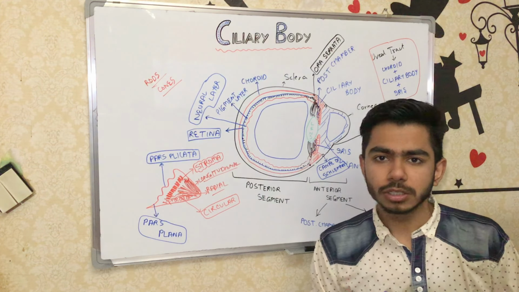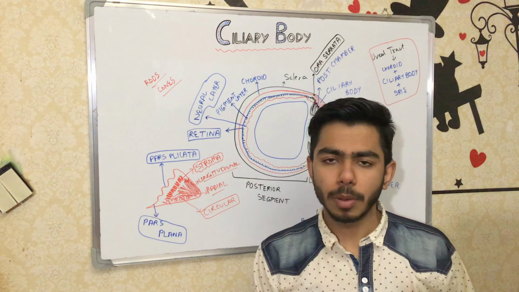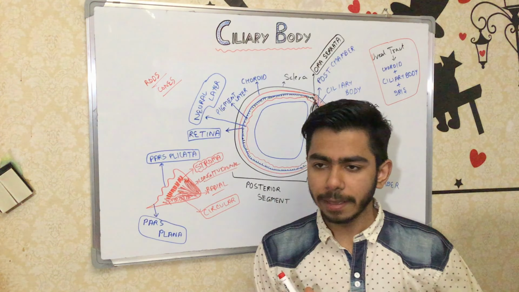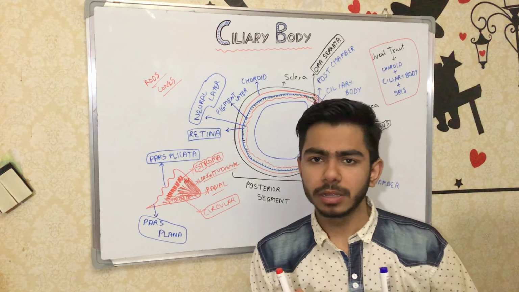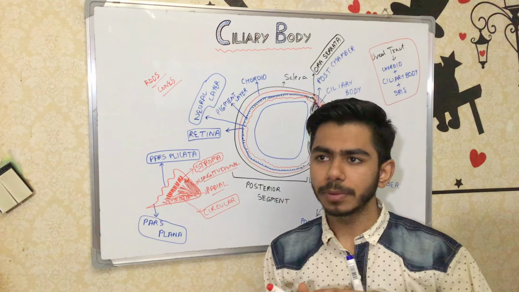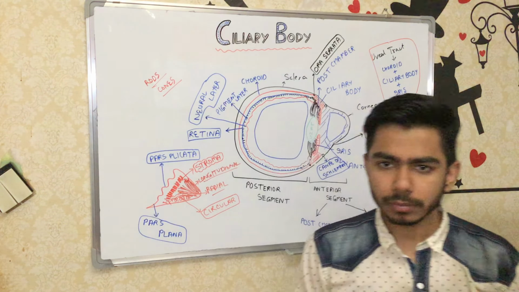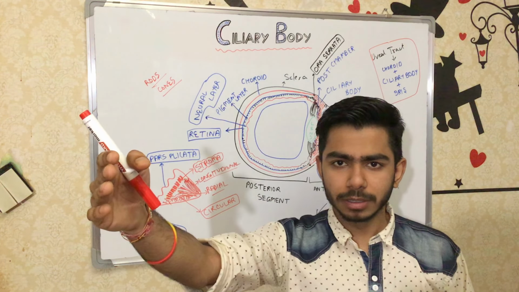Now the main, important function of the ciliary body is accommodation, the property of accommodation. What is accommodation? It is the property to focus on nearer and far objects from our eye. For example, right now I am seeing far objects from me.